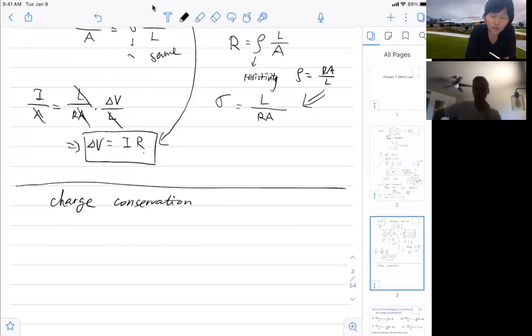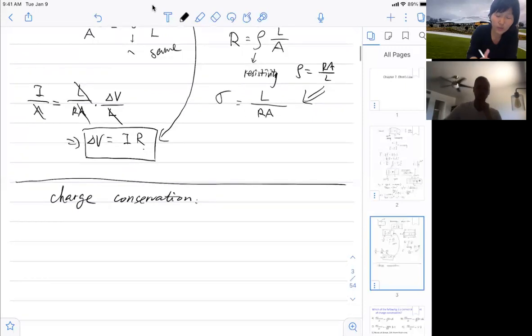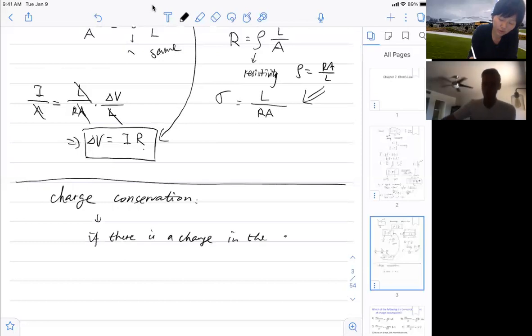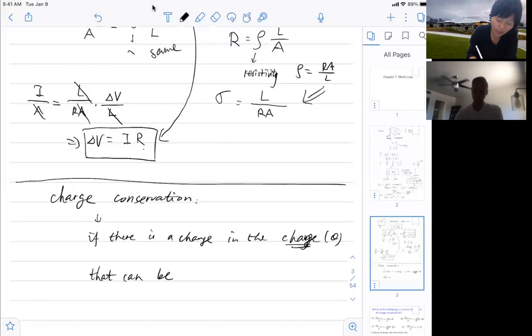Here, the same idea, with something representing charge Q. We want to say that if there is a change in the amount of the charge Q, that can always be accounted for by the charge input and output. You can count it by charge in or charge out.